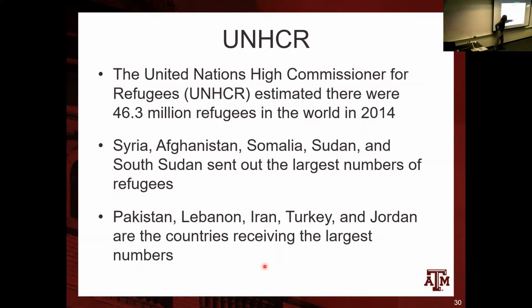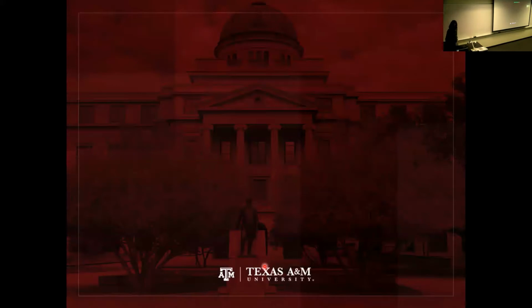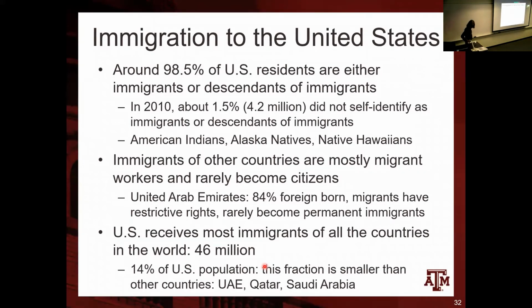Of course, Turkey receiving the most, then Lebanon and Jordan, and then northern Iraq. Cool. So a quick history, some examples of how international migration has been happening in the world, and now focusing on the US immigration levels and trends over time.